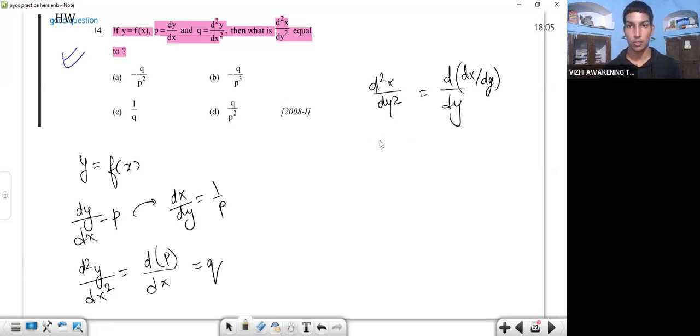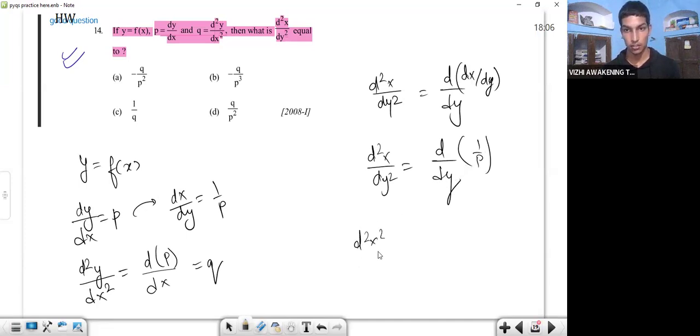Here d square x upon dy square will become like this. We are differentiating with respect to y. Dx by dy is 1 by p. Here p depends on y also somehow, so p is also a variable, so its differentiation is not going to be 0.